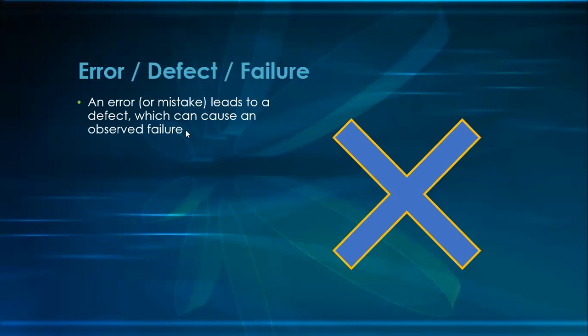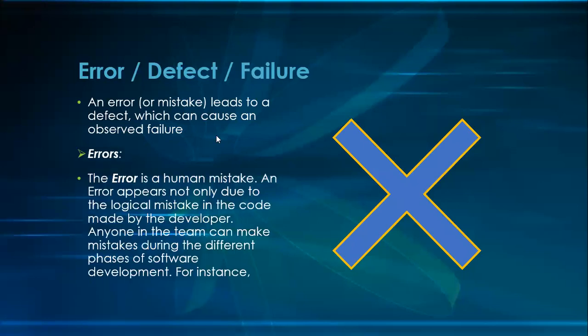So from one to the other, to the other, to the other. So an error leads to a defect, which leads to a failure. So what is an error? The error is a human mistake.